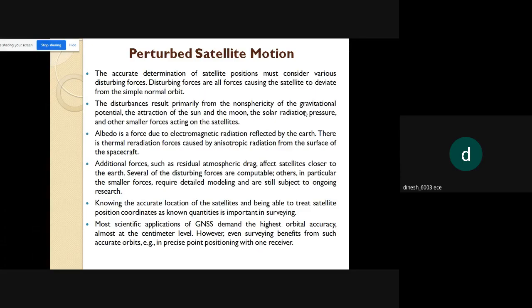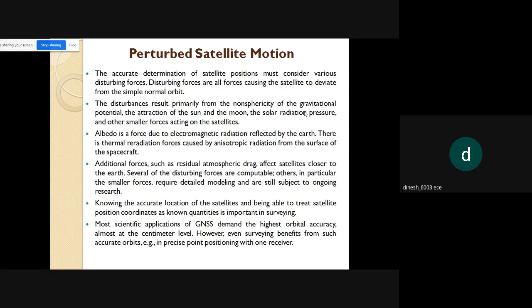The disturbances occur from the non-sphericity of the gravitational potential. The satellite will not always move in a spherical shape. The attraction of the sun and moon, solar radiation pressure, and some other forces acting on the satellites are major factors.